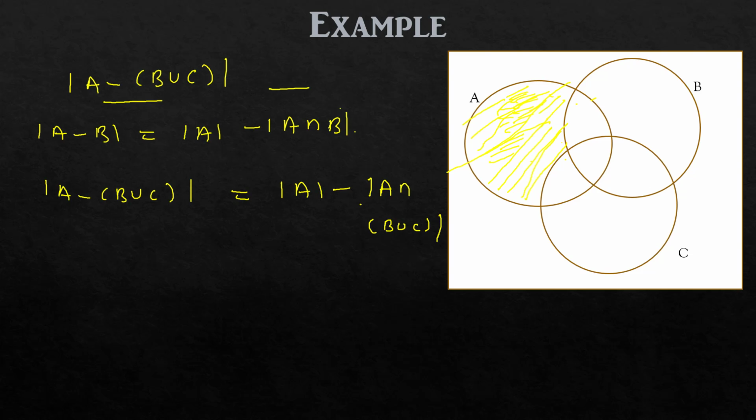Now observe this whole term, right? That is nothing but the distributive property. So we get here number of A minus, within the bracket, A intersection B, bracket complete, union A intersection C. So this is the distributive property.